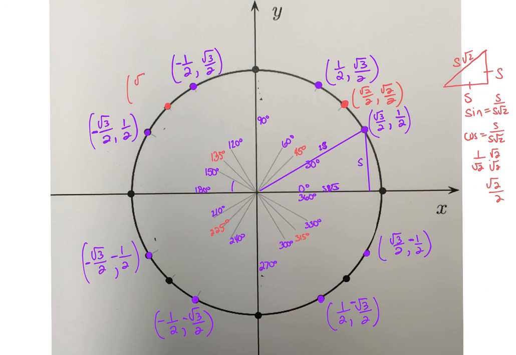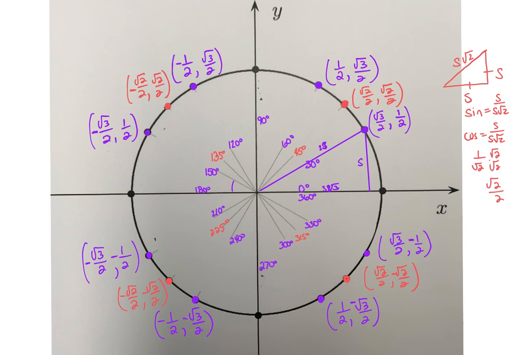This guy is the square root of 2 over 2 and the square root of 2 over 2. However, my x value is negative. 225 is 45 away from my x-axis. That guy is square root of 2 over 2, square root of 2 over 2. They're both negative. And then 315 is 45 away. Square root of 2 over 2, square root of 2 over 2. And my y value is negative.